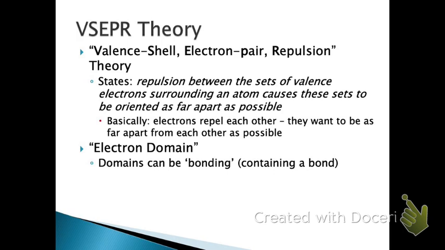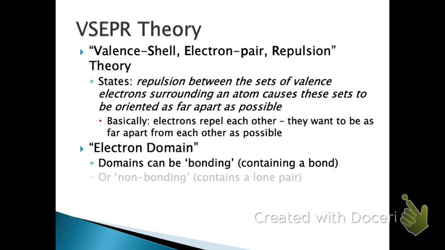It contains a bond. What do you think the other type of domain is going to be called? It's just called a non-bonding domain. It's even simpler than lone pair. It just means that these electrons are not involved in a bond. So we've got bonding domains and non-bonding domains.